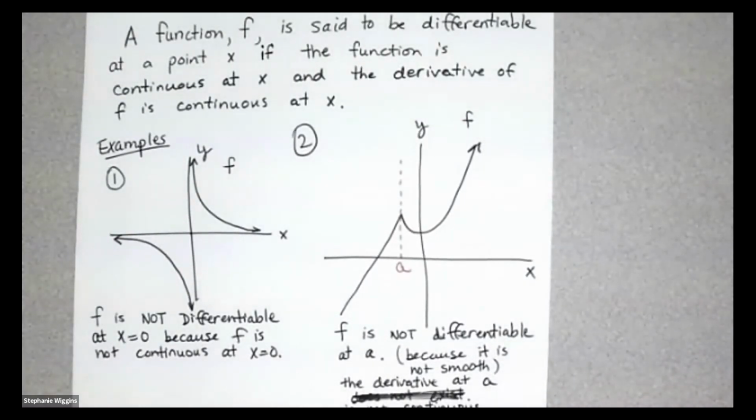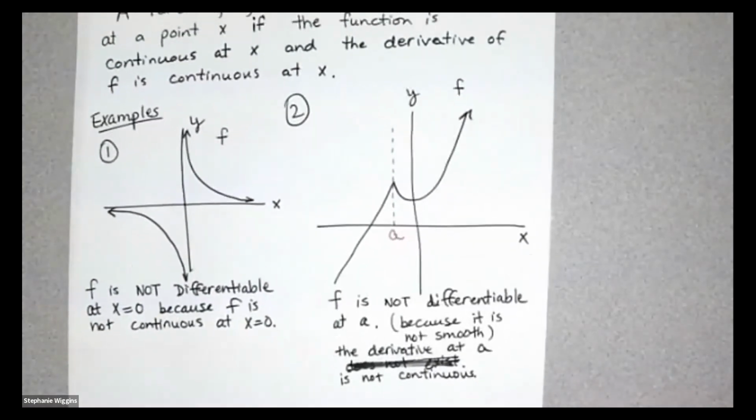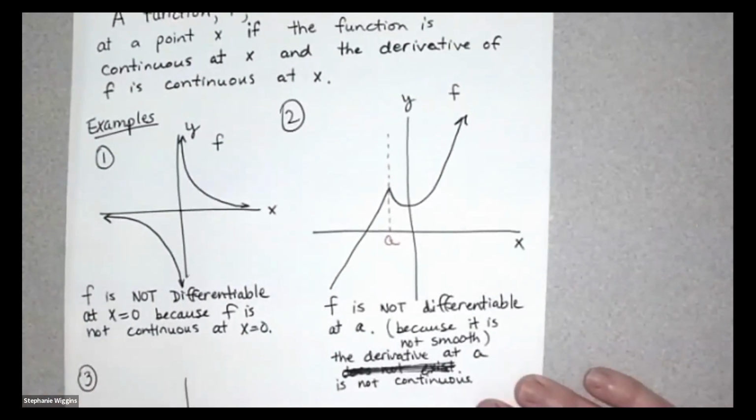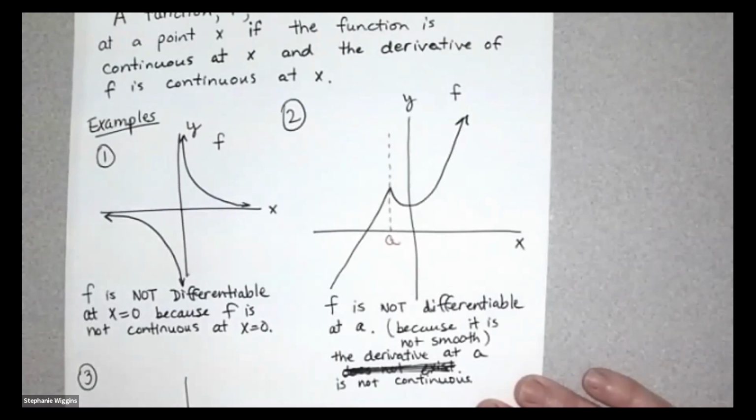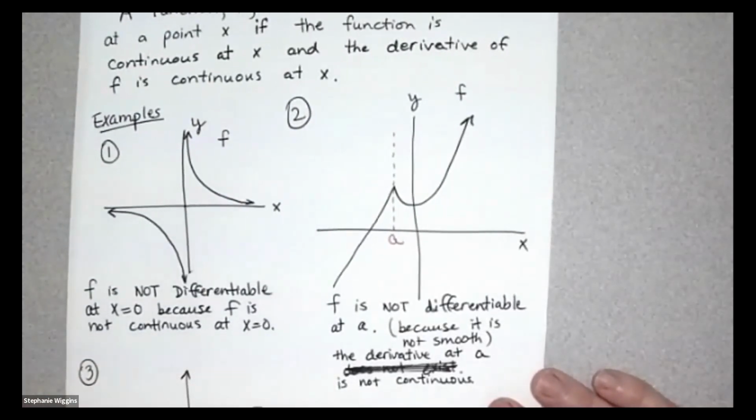Okay? So in order for it to be differentiable, both the function and its derivative must be continuous. So basically, what is differentiable? Well, it would just have to be a continuous, smooth curve, right? Like this. Polynomials are differentiable everywhere.